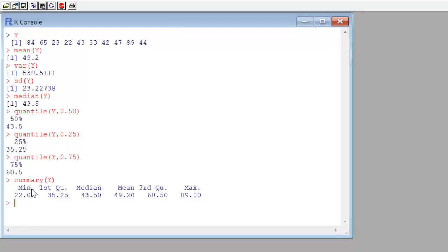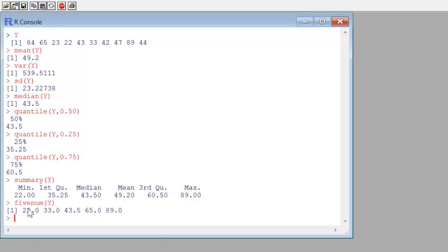The min, first quartile, median, third quartile, and max are sometimes referred to as the five-number summary statistics. And indeed, they're used in the construction of the popular box plot. There's a function in R called fivenum, and let's invoke it, fivenum on y.